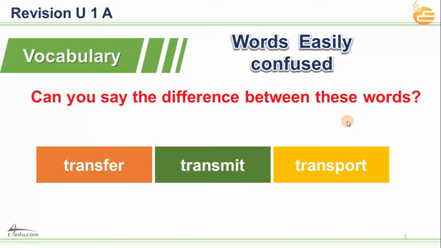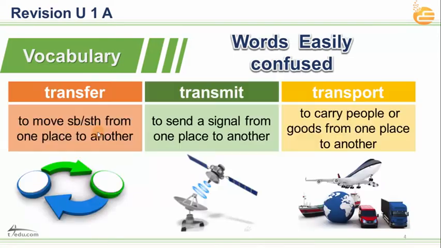You remember transport is about transportation, and we have different ways of transportation: by sea, through ship, by air, and also by land. Transmit is most used for space channels, like you send a transmission. And transfer is also used for money and also for transferring files from one computer to another or from one drive to another.